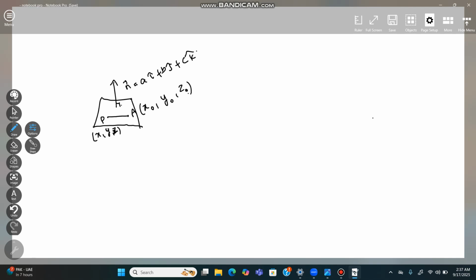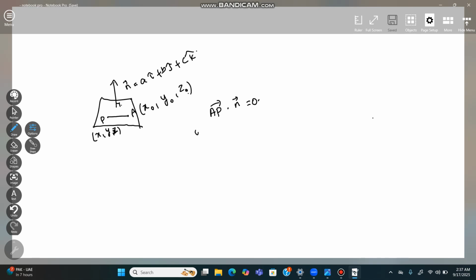And now let me join AP, so that now I will have AP vector dot n vector equal to 0, because AP is a vector lying in the plane and n is a vector normal to the plane.